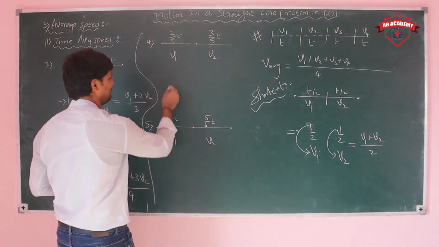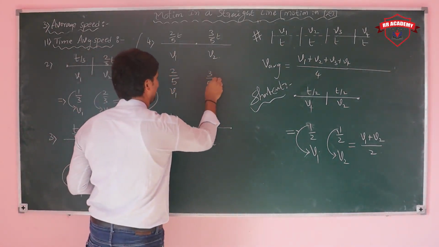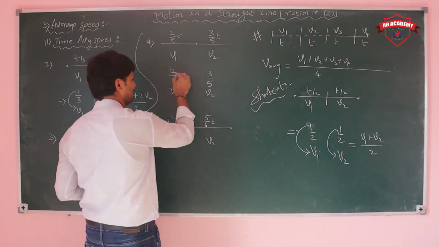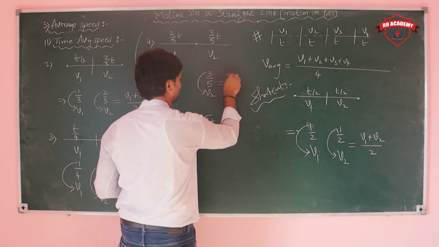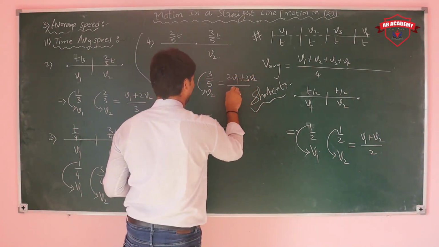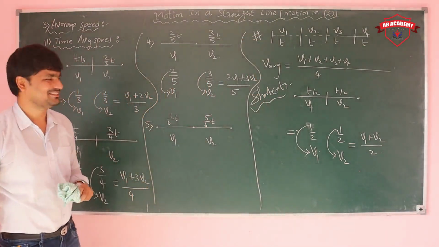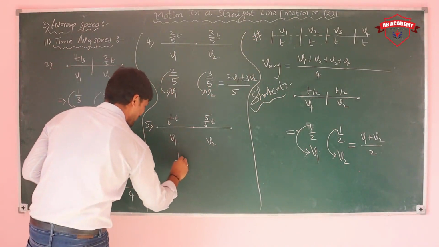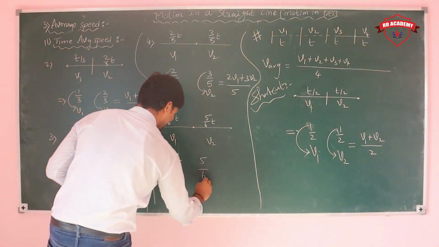Here 2 by 5 V1, 3 by 5 V2. So again, what we can write: 2 V1 plus 3 V2 by 5. Next here 1 by 6 V1, 5 by 6 V2.